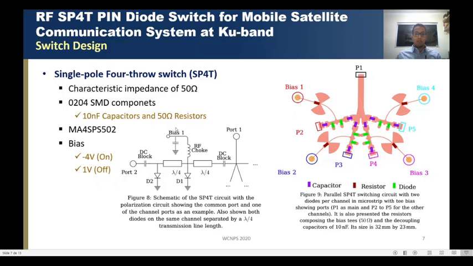Here we have the bias circuit that we just described, and the quarter wavelength microstrip lines between the diodes and the common port. On the right side we have the main circuit that was designed with the resistors, capacitors and diodes, and the bias for each branch or port.